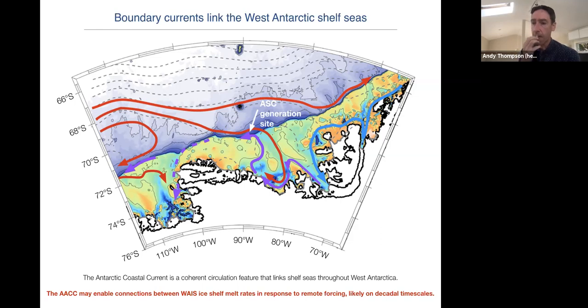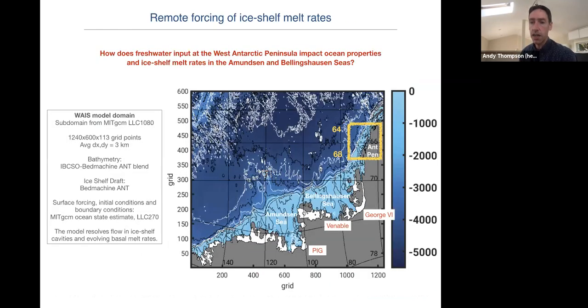And so in just the last 5 minutes, I want to get to some recent work that is currently in review, which is to think about this idea of remote forcing of the continental shelf, and in particular what's happening at the coast, impacting melt rates of ice shelves throughout West Antarctica.